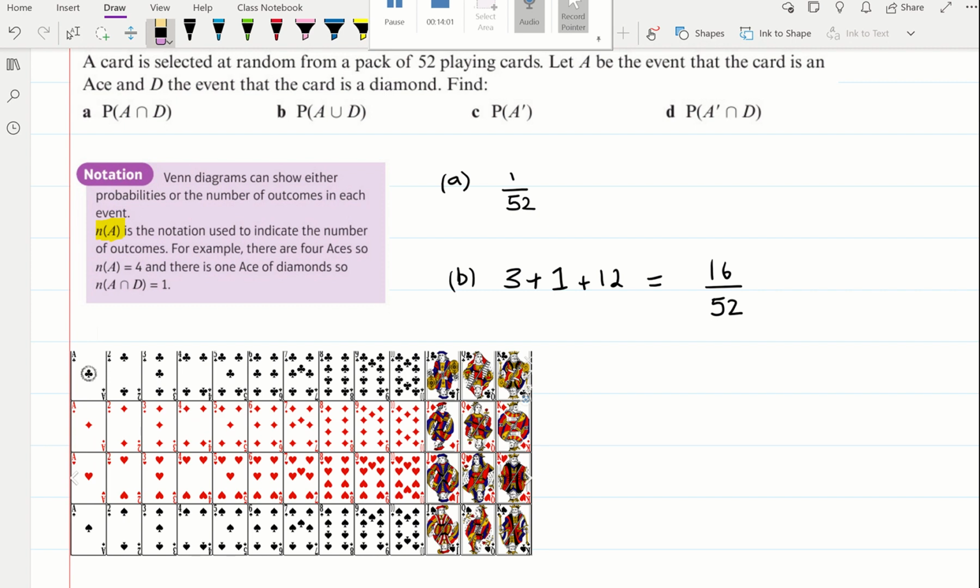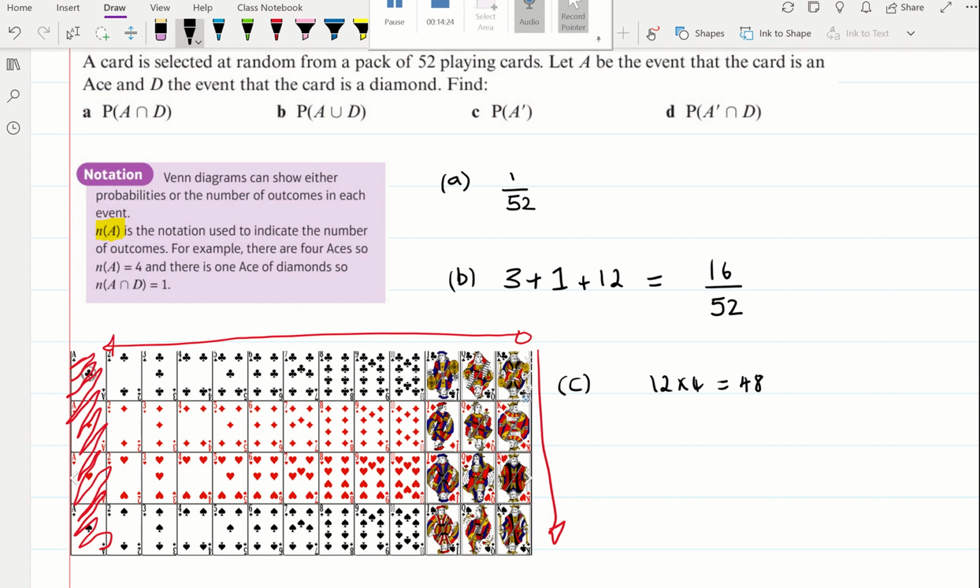And then the probability of not A. So I literally don't want that. I don't want any aces. So these are 12 cards without the ace, because there are 13 of them, and that's 4. So 12 times 4 is 48.